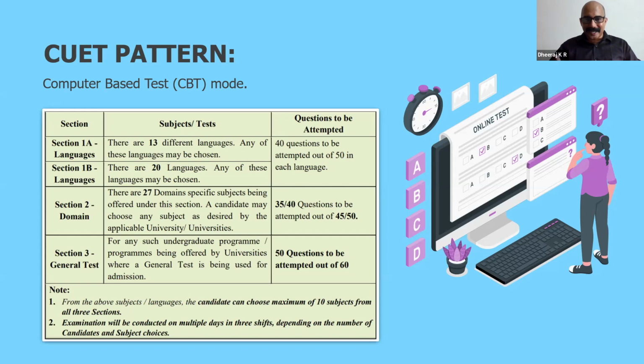Coming to section 3, called the general test. Irrespective of your stream, irrespective of your subject in +2, whether you are into science, humanities or commerce, every student needs to write this part.